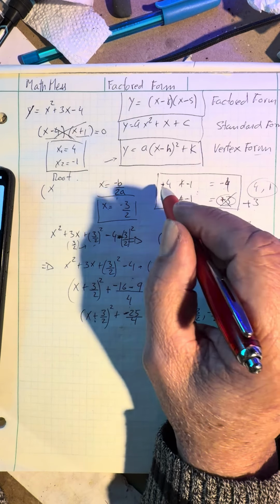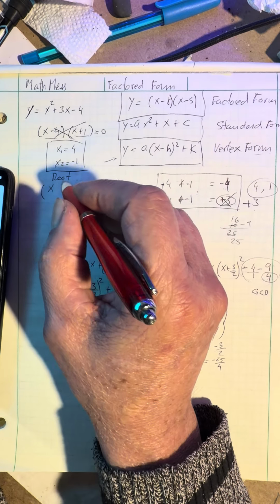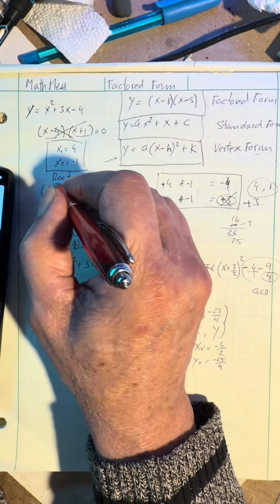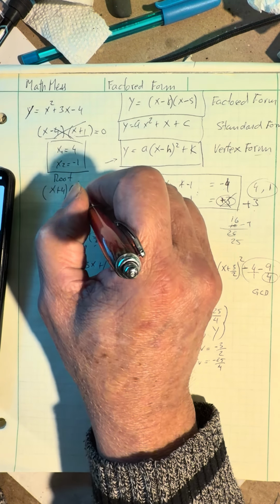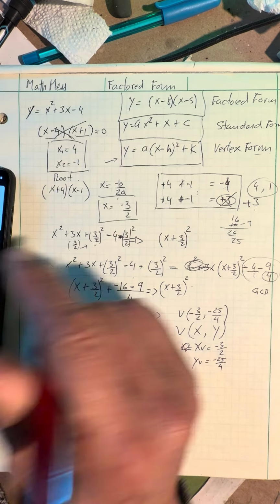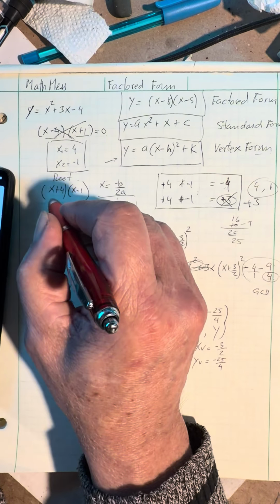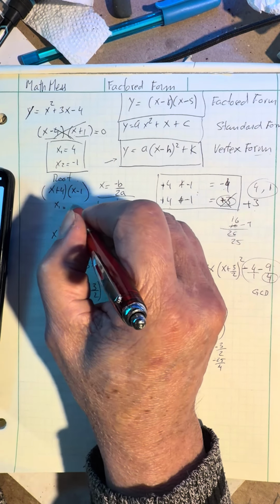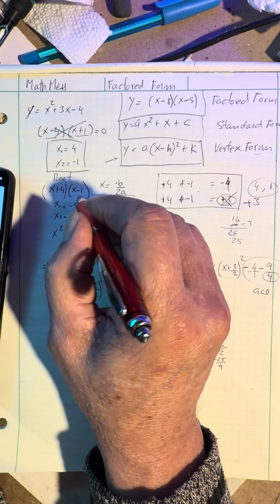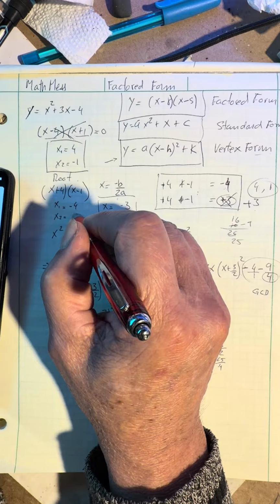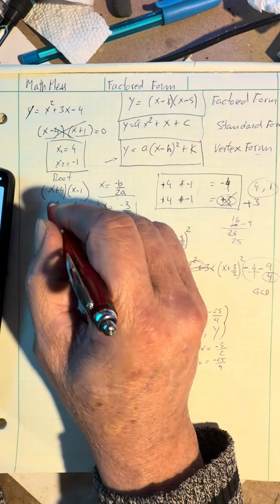Oh, okay, so 4 is positive and the x is negative, which means that x1 is equal to minus 4 and x2 is equal to plus 1. And those are the roots.